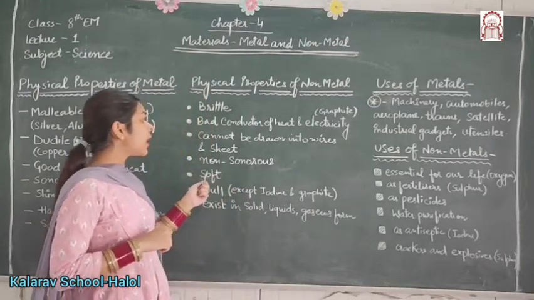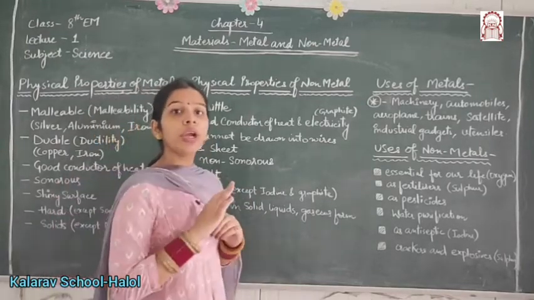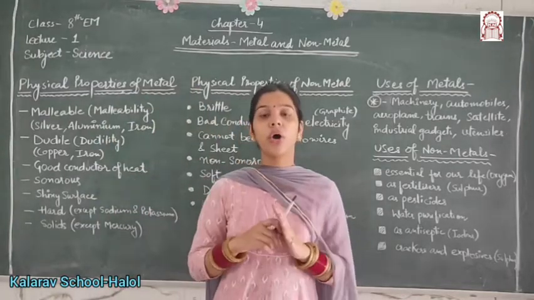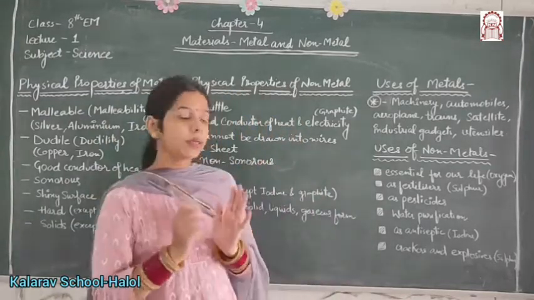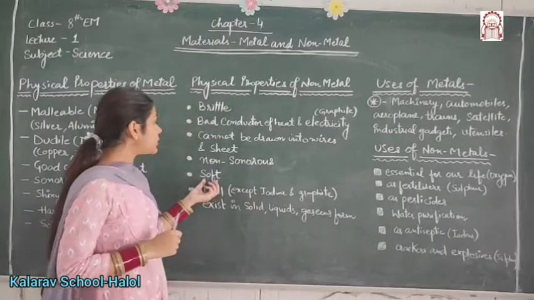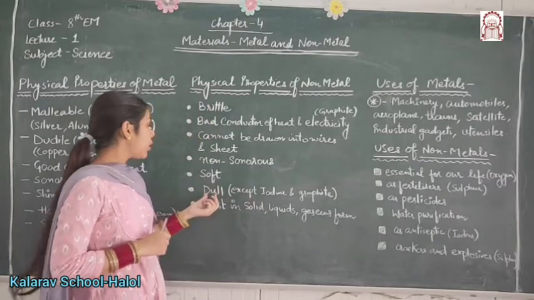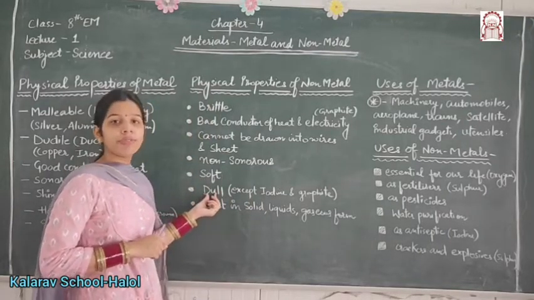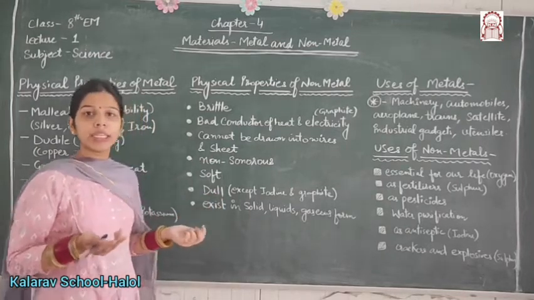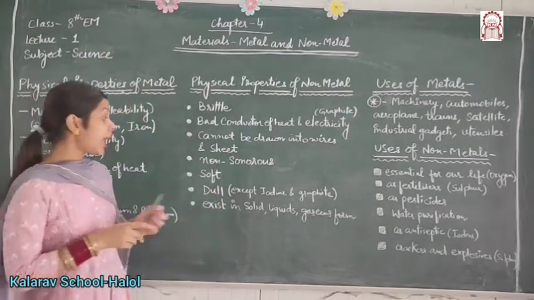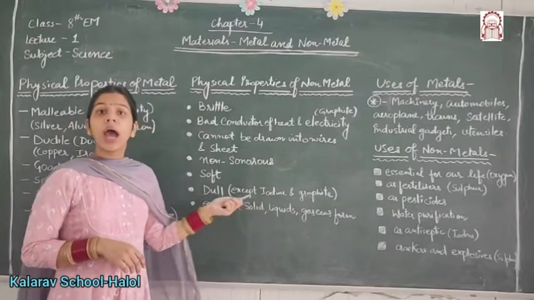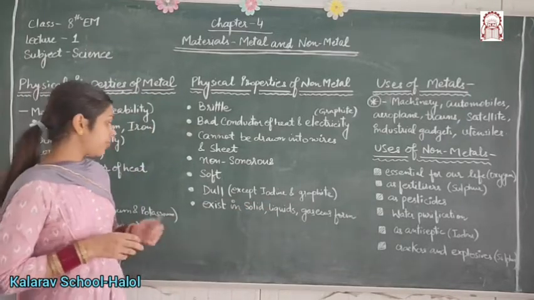Next, non-metals are non-sonorous as they do not give any ringing sound on hammering or beating. Non-metals are soft. Non-metals have dull surface, that means they are not shiny in nature. But here is an exception that iodine and graphite are shiny in nature.